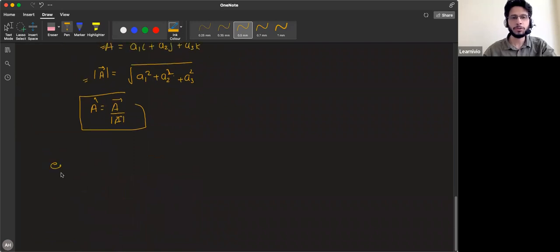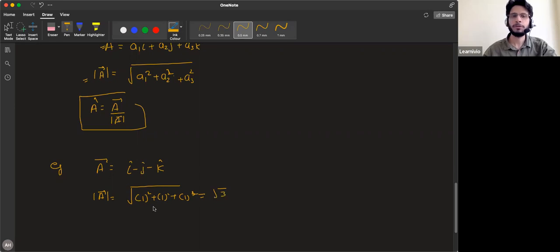Let's do a very, very simple question. Like if I give you a vector A, which is i cap minus j cap minus k cap, and I asked you to calculate the magnitude of this vector. Priyadarshini, what will be the magnitude of this vector? Root of 1 square plus 1 square plus 1 square. Very good. So that's root 3.